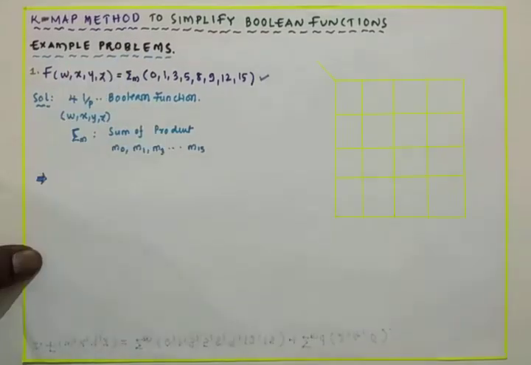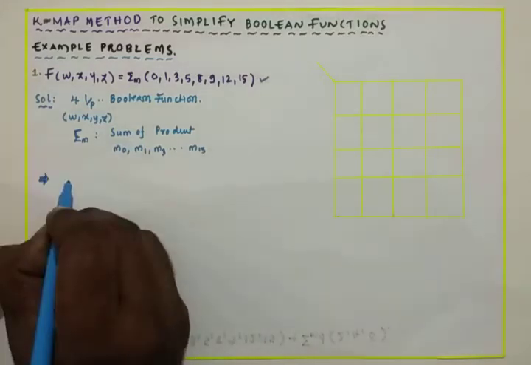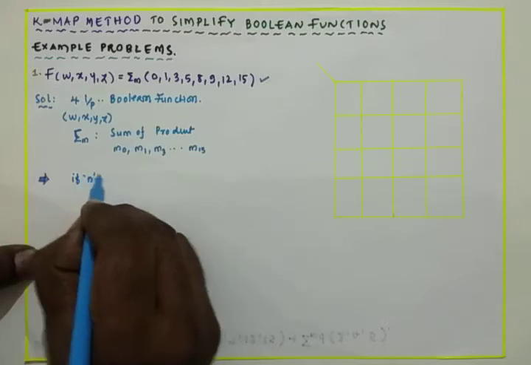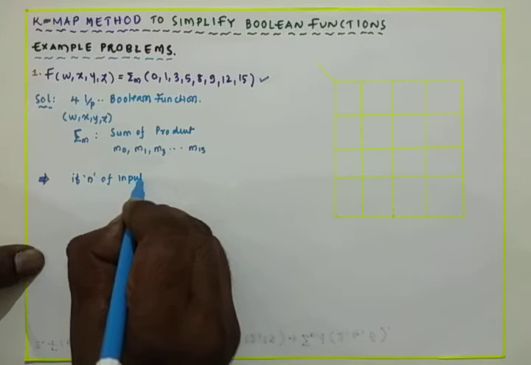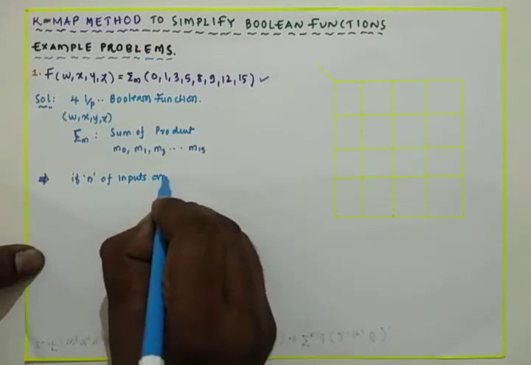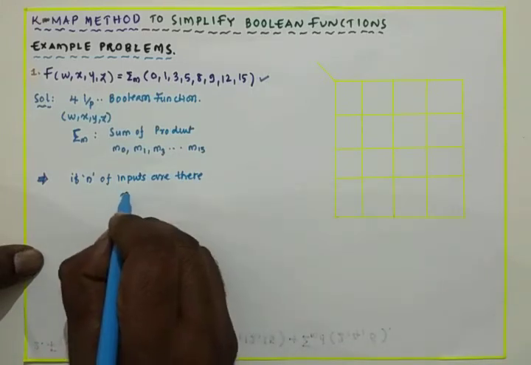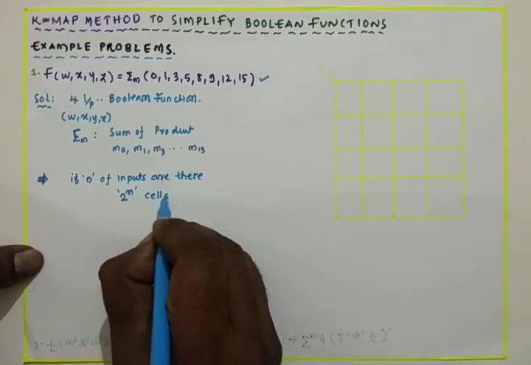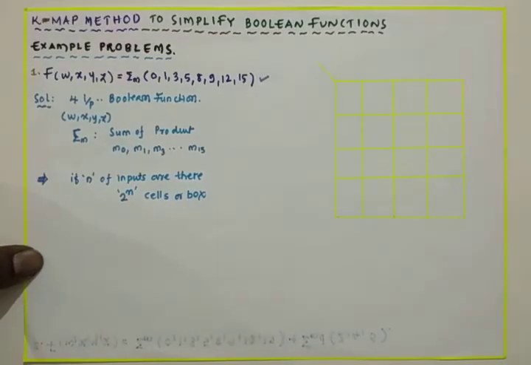by making use of the K-map. How many variables are there? 4 variables. If n inputs are there, then we have to draw 2 power n cells or boxes. That is nothing but the K-map. The size of the K-map is what?